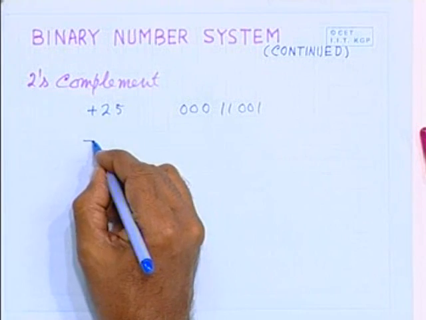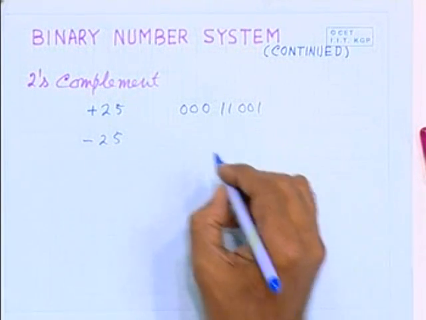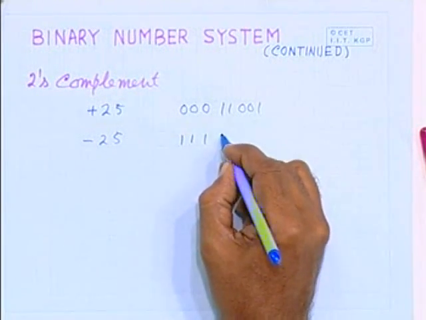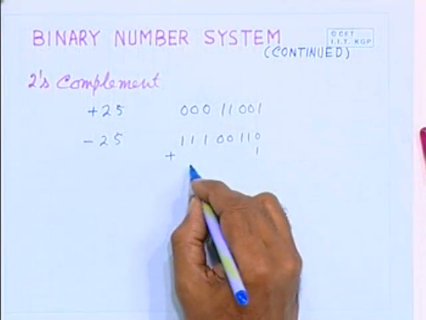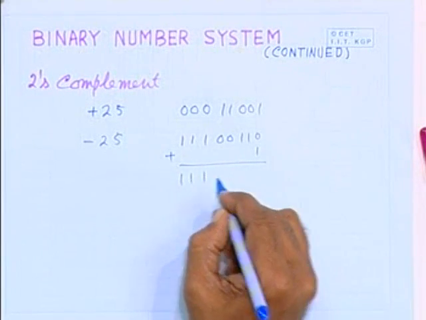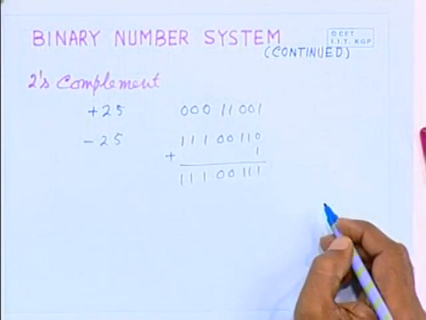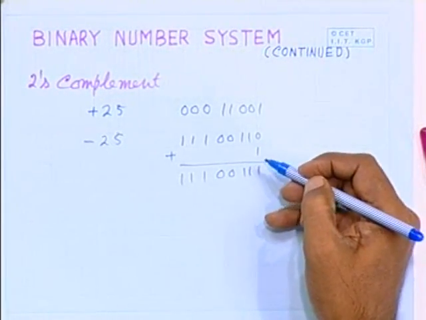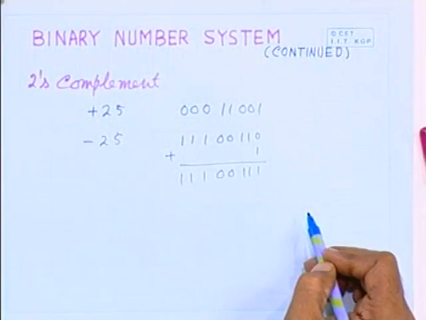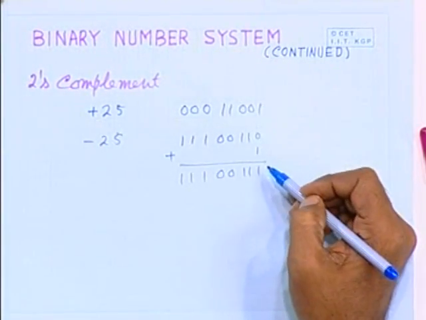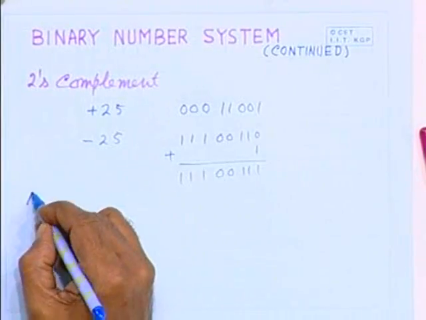However, minus 25 is obtained by bit complementation and then adding 1 to it. So we get 1 1 1 0 0 1 1 1. That's how you can get the 2's complement representation of minus 25. And this 2's complement form of representation is very popular inside the microprocessor and microcontrollers. The reason for that is it has got some advantages.